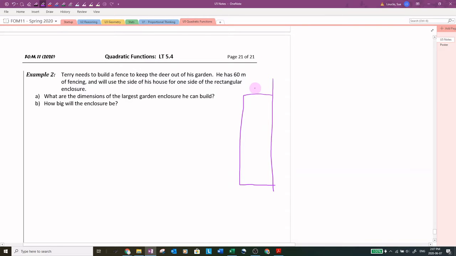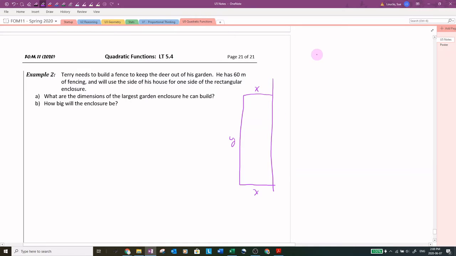If we call this x and we call this y, then this side is also x, because it's a rectangle with all right angles. Whenever we're doing this, we only want one variable, so we need to rewrite y in terms of x.